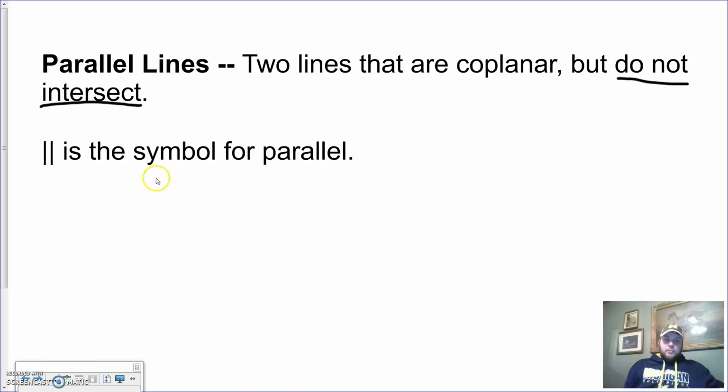The symbol for parallel lines is right here. You will see that quite a bit. Memorize it. Alright, you guys got that in your notes? Moving on. Parallel lines do not cross.